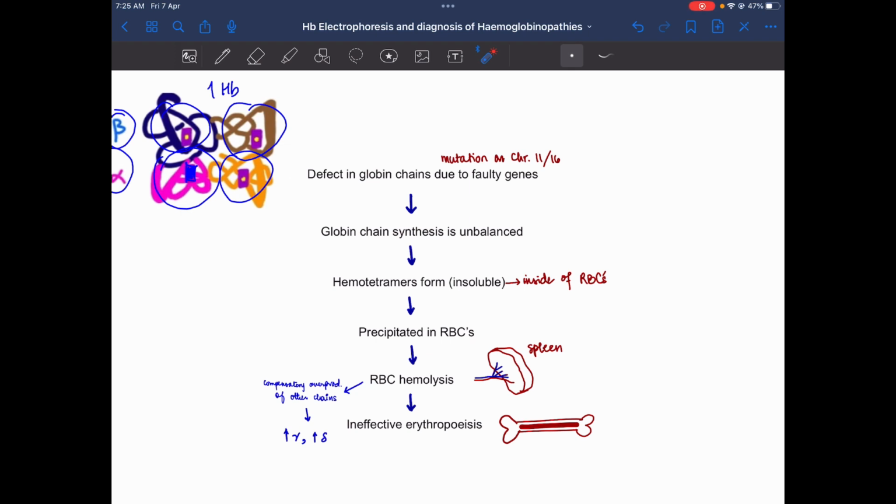Again, the bone marrow is not going to be able to effectively produce the right amount or the right kind of RBCs that our body actually needs. Because of the RBC hemolysis, you're going to have a compensatory overproduction of the other chains. So too few alpha, now you're going to produce excess beta, sorry, excess gamma, excess delta chains that we talked about earlier.